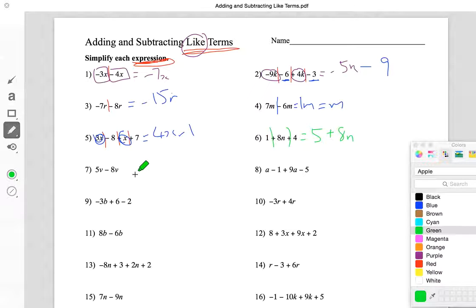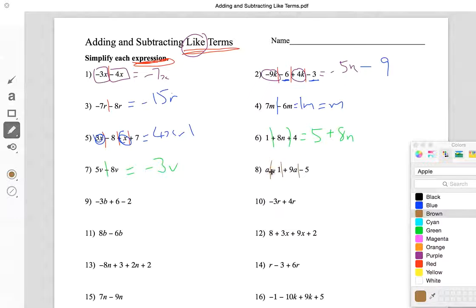Example 7, you're doing minus 5v minus 8v. 5 minus 8 is going to get you minus 3. And it's minus 3v there. Example 8, you've got a minus 1, you've got 9a, and you've got minus 5.